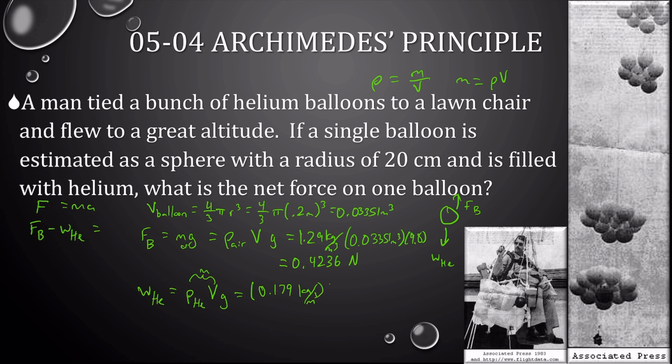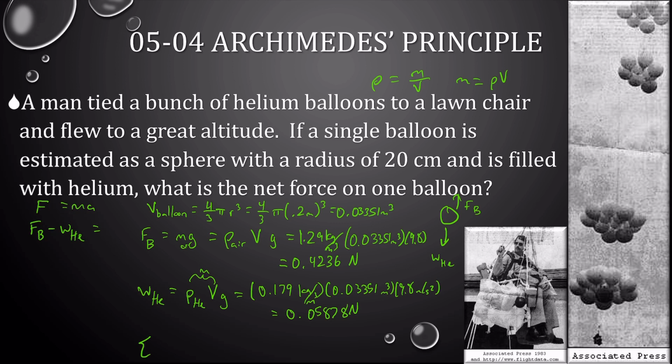The volume, 0.03351, and g is 9.8. So the weight of the helium is approximately 0.05878 newtons.